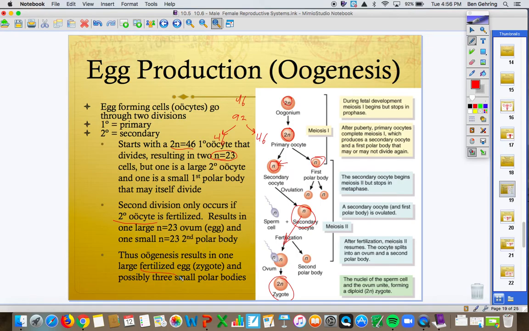And possibly 3 polar bodies, potentially. But you can end up with 1 fertilized egg as a result.